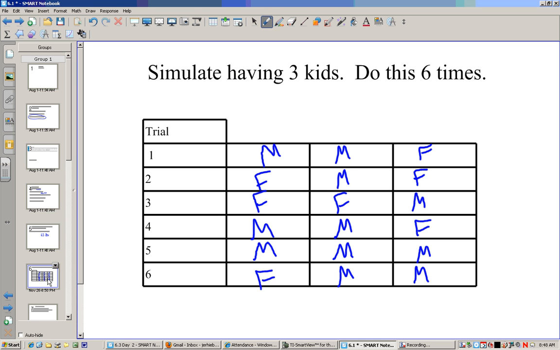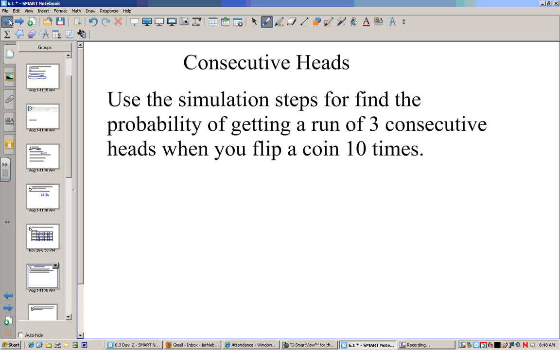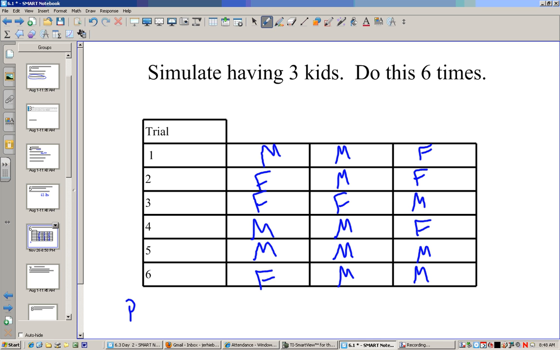So from this, we can look at the probability. If I said, what's the probability, the simulated probability, that the couple has exactly 2 males? Well, this one would be a check. No, this one would work. That one's too many, and this one would be there.